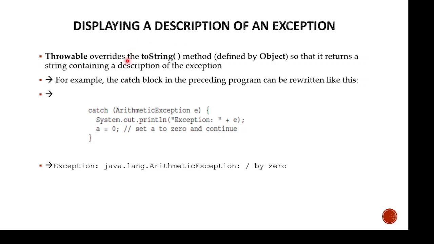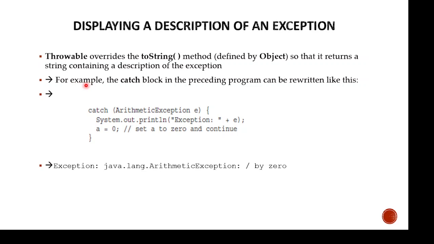In short, the summary is that we print our exception using the println statement. And it works whenever Throwable overrides the toString method.